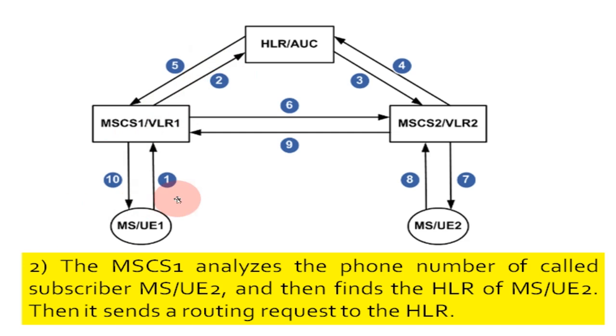What happens is when MS1 dials the phone number of MS2, which we can call here the called number, the MSC1 receives this number and is going to analyze it. The MSC has an analysis table that is used to analyze all called numbers it receives.